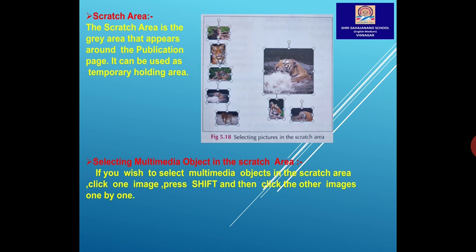We can also use another way to select multiple objects: drag a box around them with your mouse pointer, keeping the left mouse button pressed. When you release the mouse button, you will see that all the images within the box have been selected. Here is the figure, selecting pictures in a scratch area. See, both ways you can select multiple objects in the page.